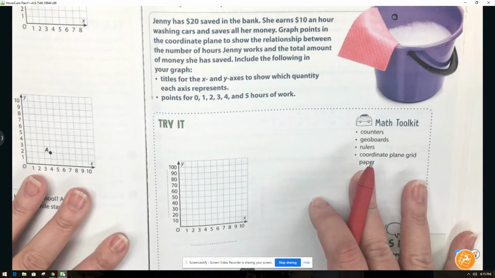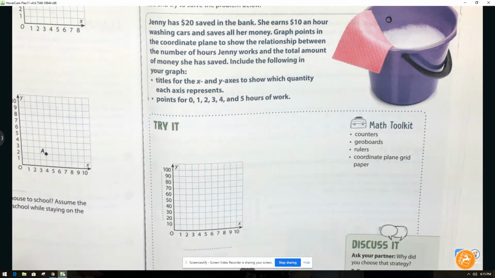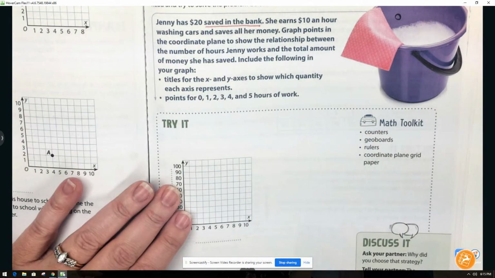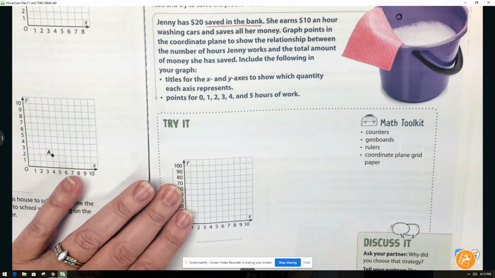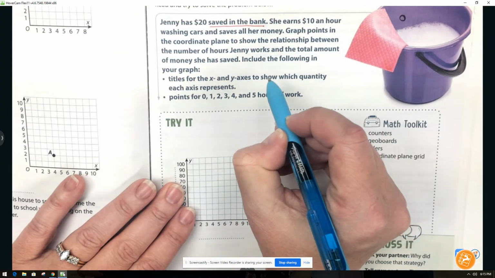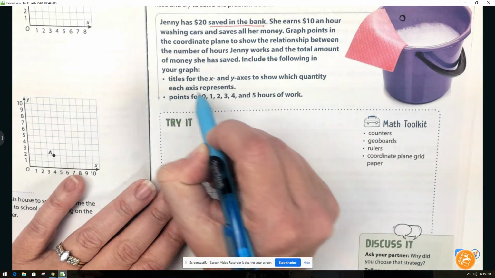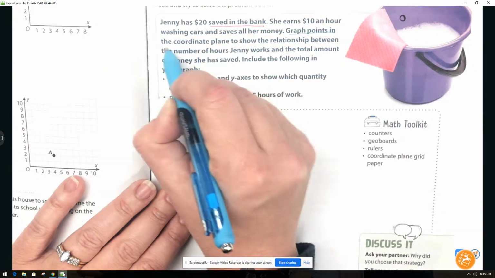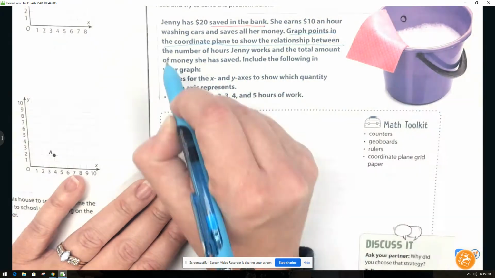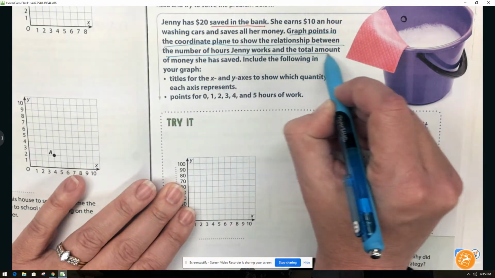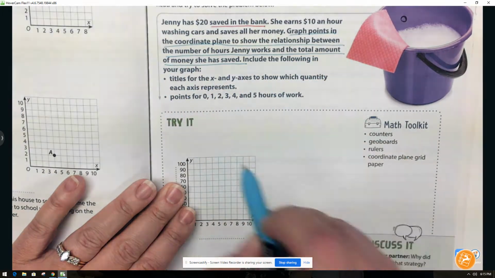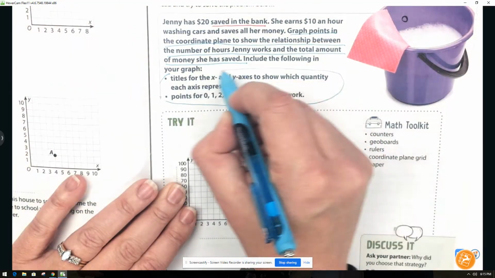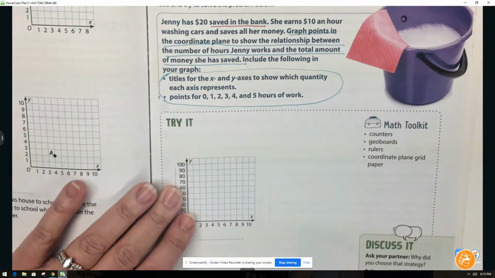So first of all, we need to look at this problem. What are we talking about? We're talking about money that's saved in the bank and Jenny who's doing some working. We're going to graph the points in the coordinate plane to show the relationship between the number of hours Jenny works and the total amount of money she saved. And then we're going to include all of this information in our graph.